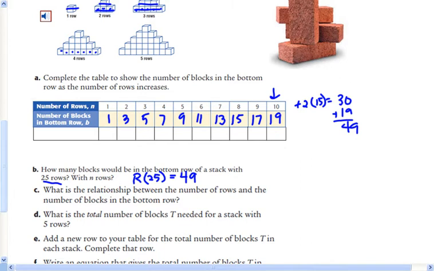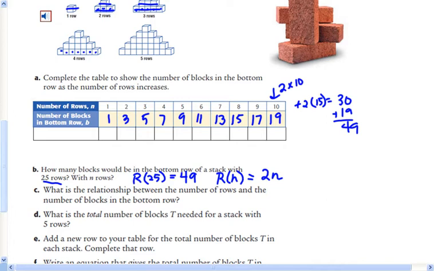Okay. Now with n rows, so we'll say R of n. We know we need to add 2 for every row, so we can take the number of rows times 2. If we do that, though, like if I did 2 times 10, I would actually get 20, which is 1 more than 19.